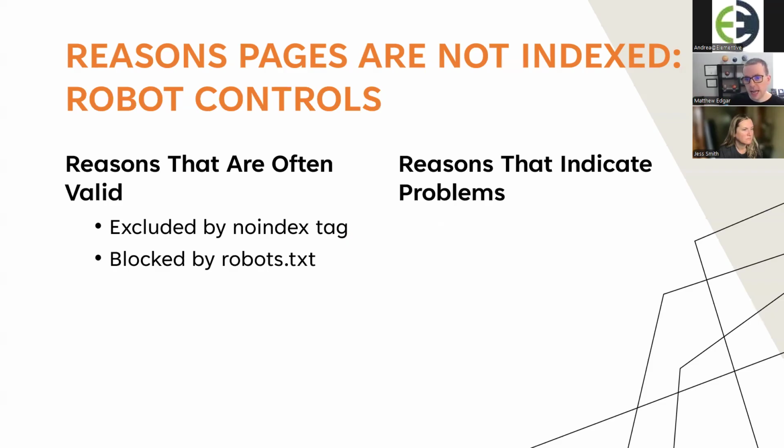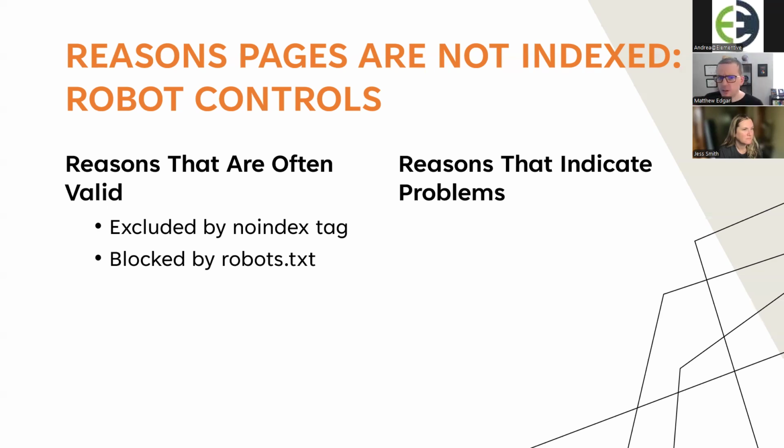Excluded by the no index tag means that you have added a meta robots no index to your website's pages. And if you've added the meta robots no index to your website's pages, then you're telling Google intentionally you want to take this page out of the index. You do not want them including. So this is Google's way of telling you they saw that meta robots no index, and they are going to exclude that page from search results.